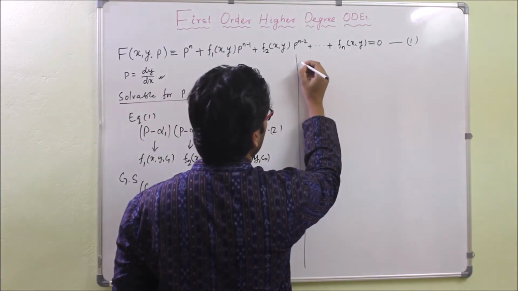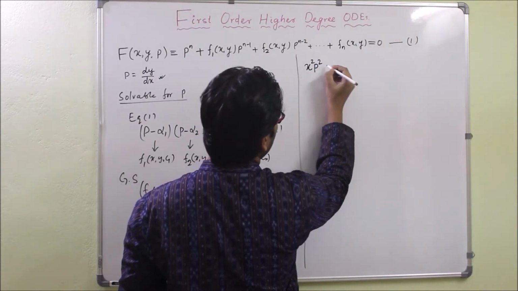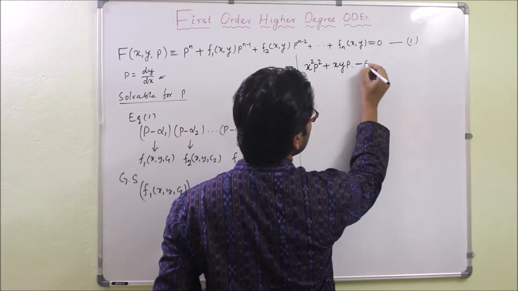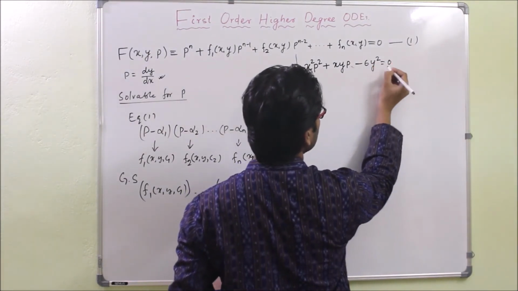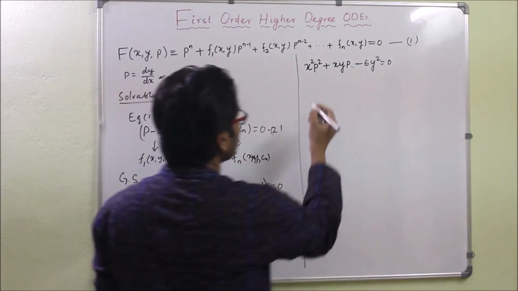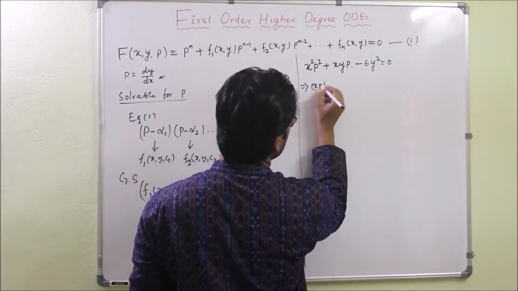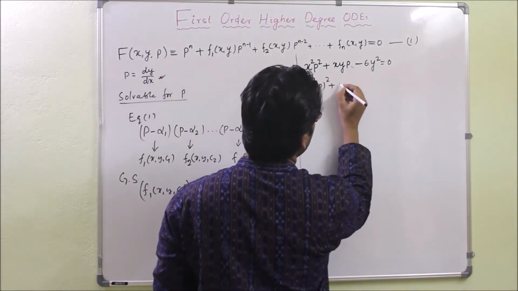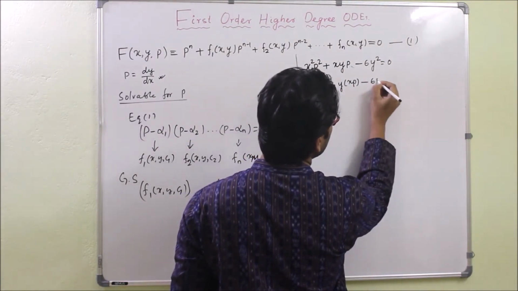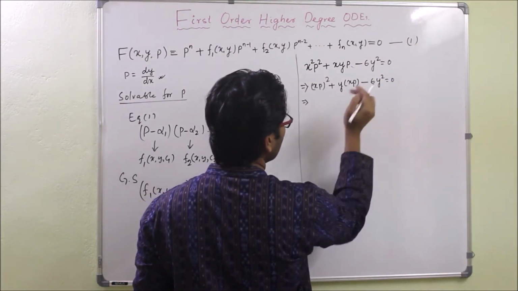So take an example problem as x square p square plus xy p minus 6y square equal to 0. So what we will do, we have to convert it into factor form. So how to do? I can write this equation as xp whole square plus y into xp minus 6y square equal to 0. So again this is a quadratic equation.